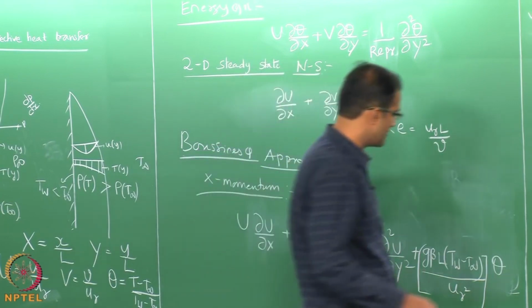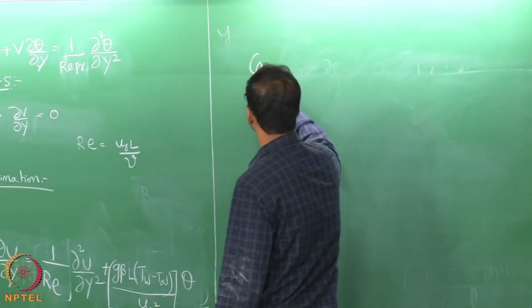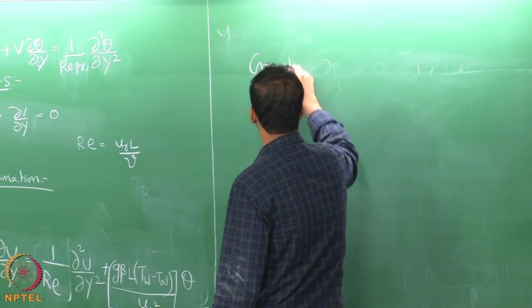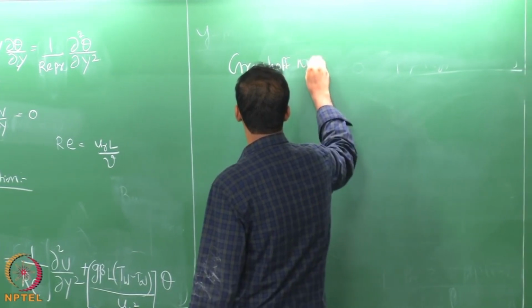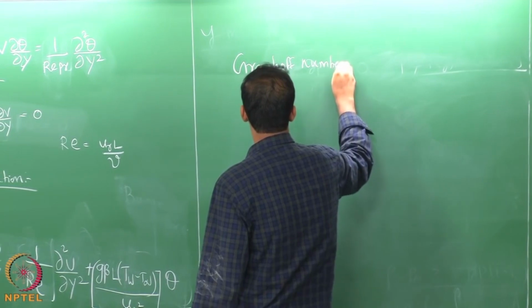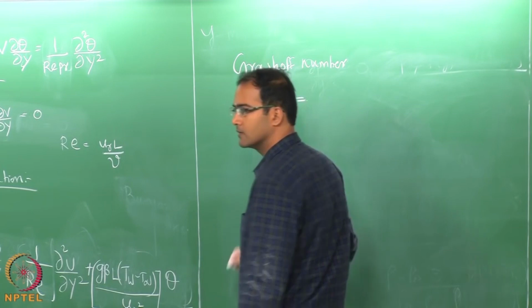Okay. So, we will now define a non-dimensional number in natural convection. This is called the Grashof number, usually denoted as Gr. Okay.